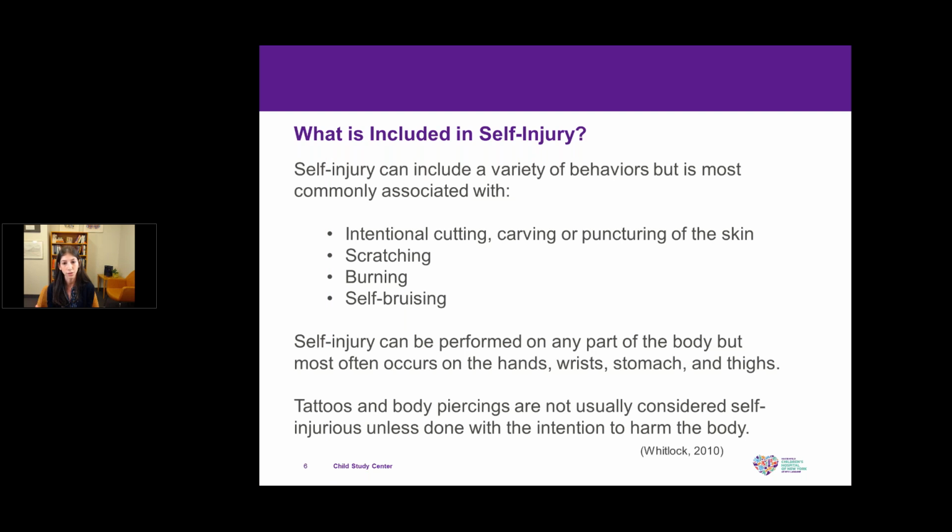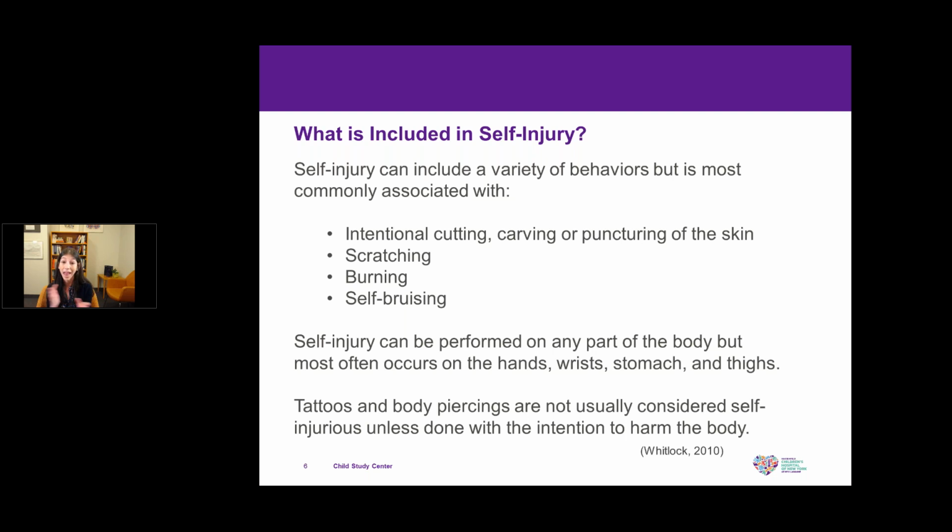So what's included in self-injury? Self-injury can include a wide range of behaviors, but it's most commonly associated with the following: intentional cutting, carving, or puncturing of the skin, and that can be done with an array of different objects, things like knives, scissors, safety pins. It can also include scratching, even with the fingernails, burning or self-bruising, so using an object to sort of bang the body in order to create some type of bruising and harm.